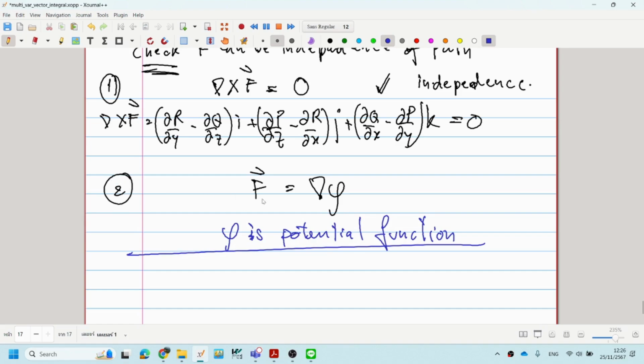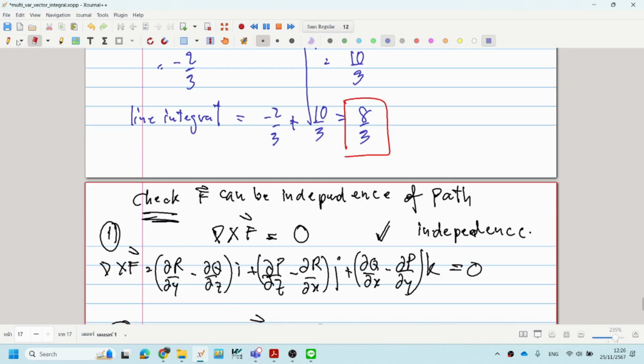Step number two: f vector equals del phi, and phi is the potential function. This is the potential function.